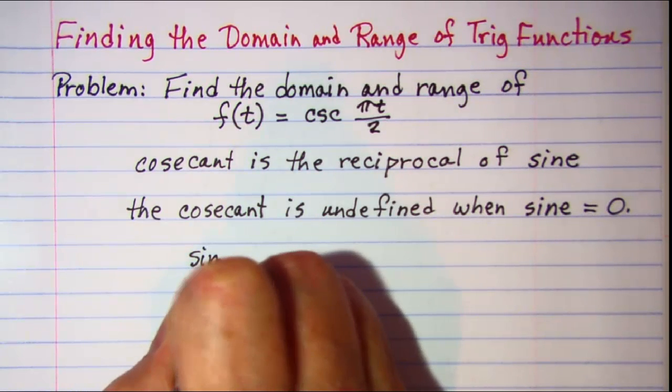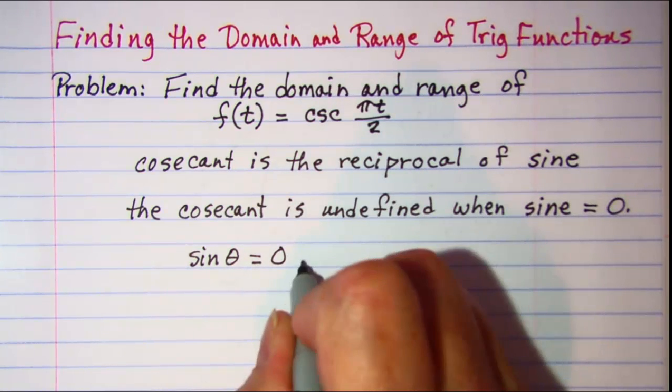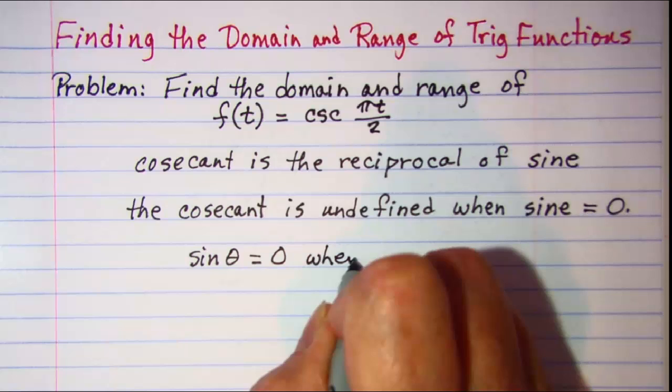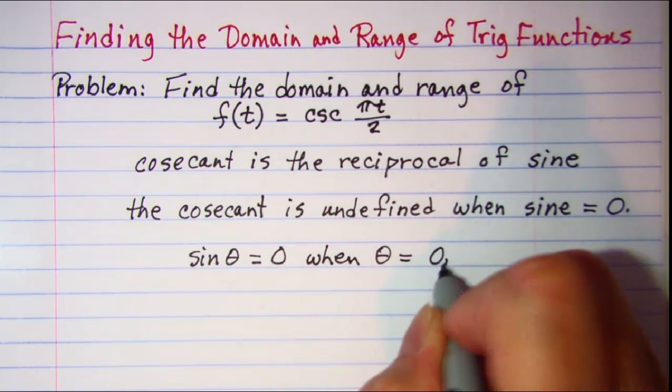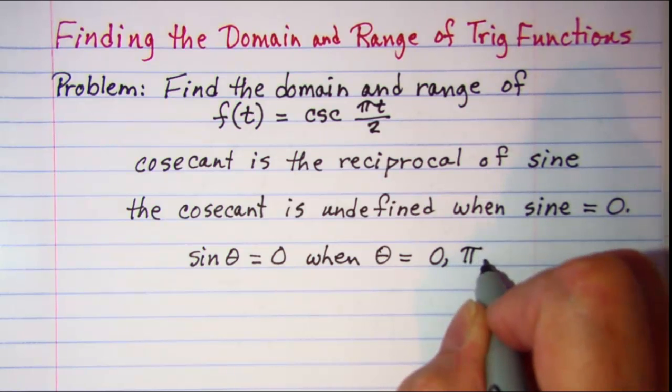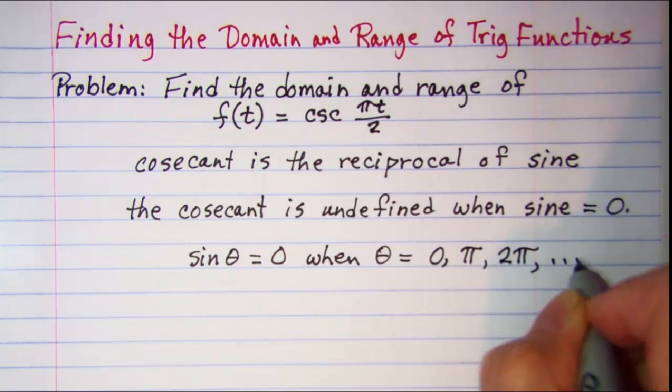Sine θ is equal to 0 when θ is equal to 0, π, 2π, and so on.